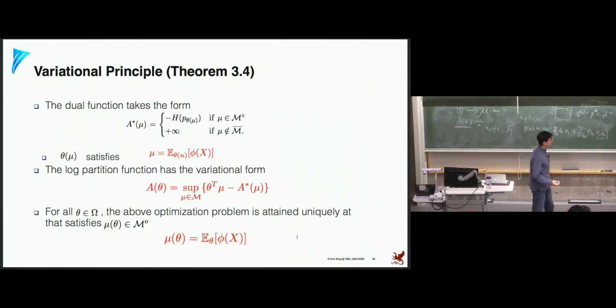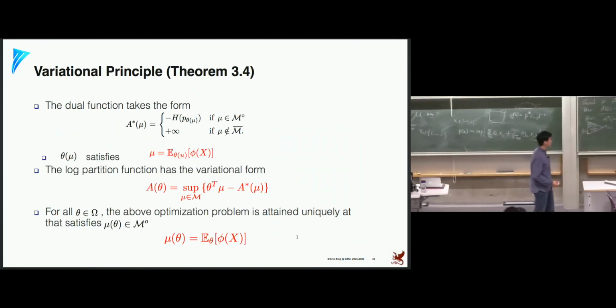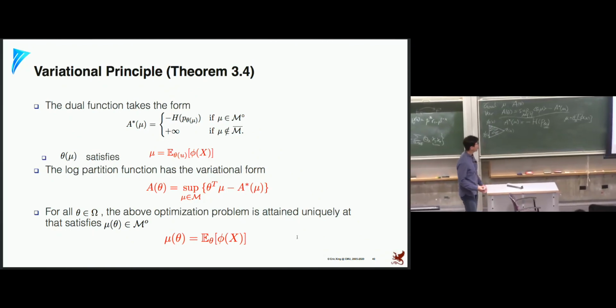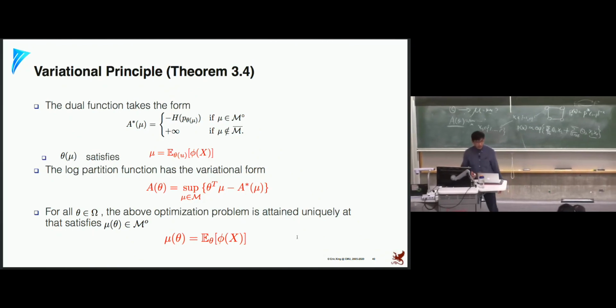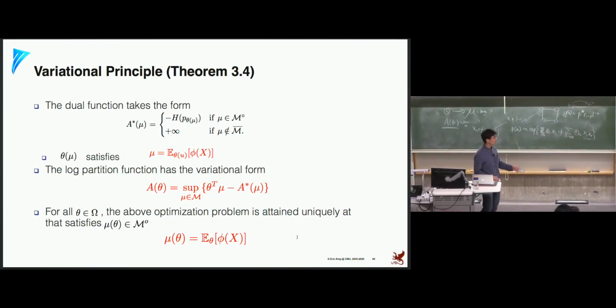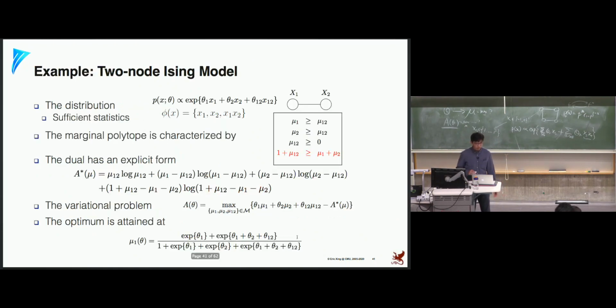So that's where this variational principle comes in. As I said, we define this conjugate function, and then we write our quantity of interest in a variational form, and we write down this marginal polytope.